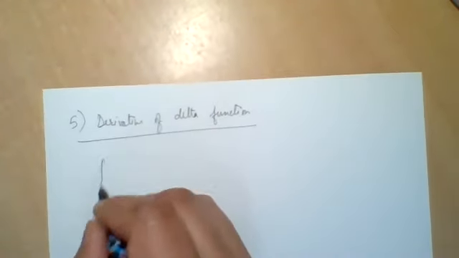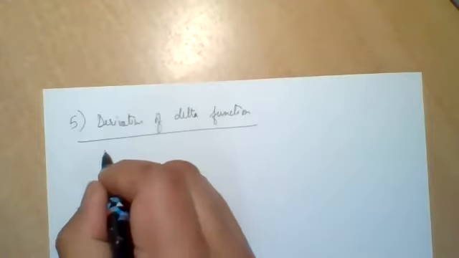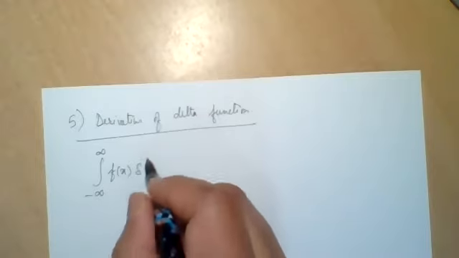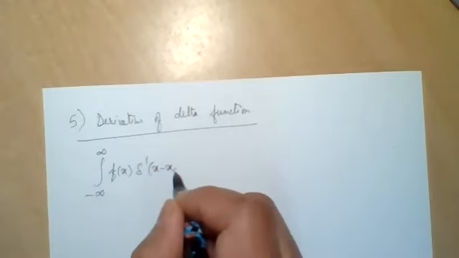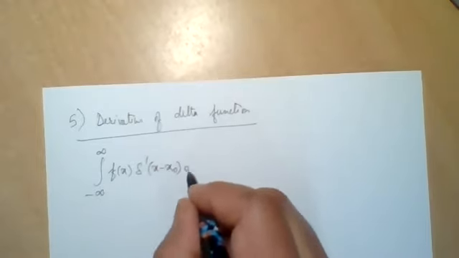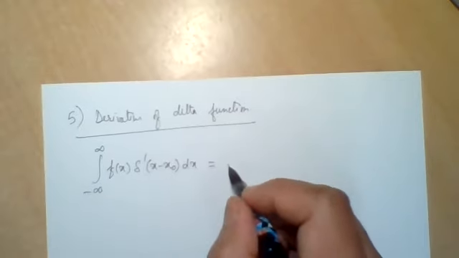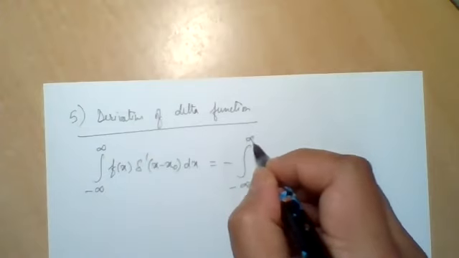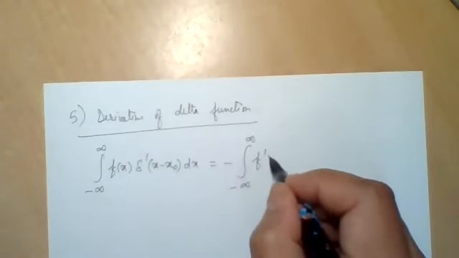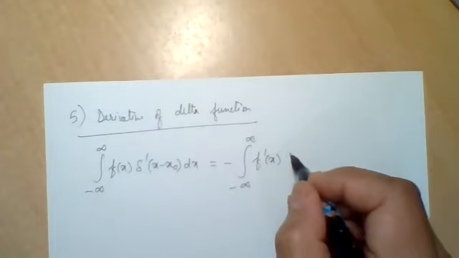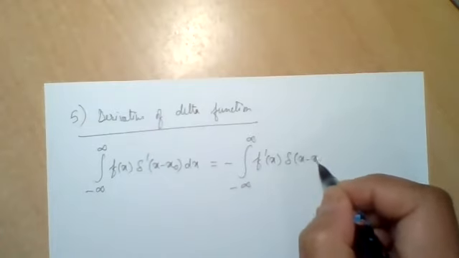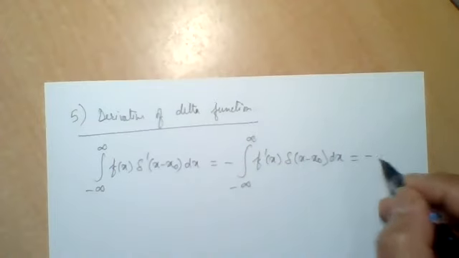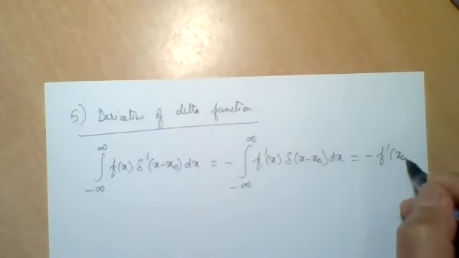That is, the integral from minus infinity to plus infinity of f(x) delta prime(x minus x0) dx is equal to minus the integral from minus infinity to plus infinity of f prime(x) delta(x minus x0) dx. And this is nothing but minus f prime(x0).